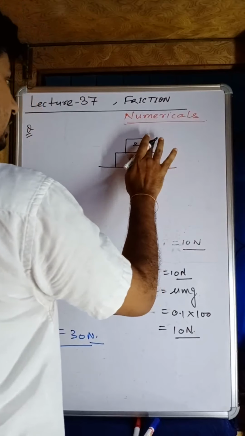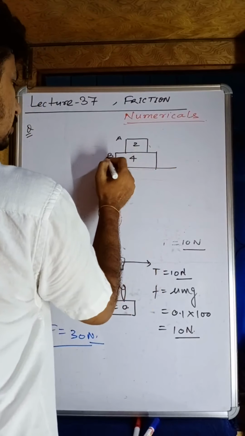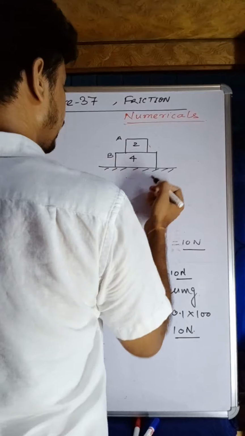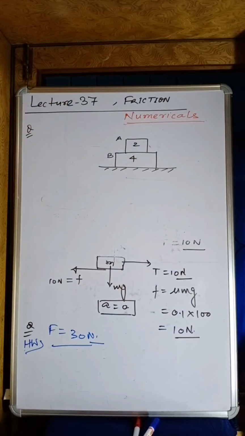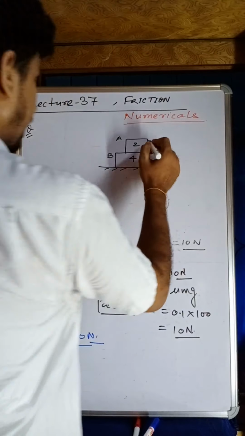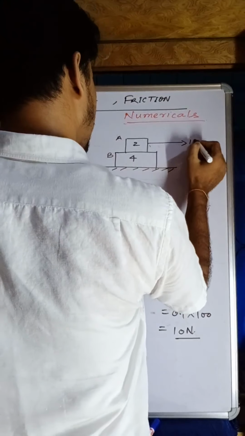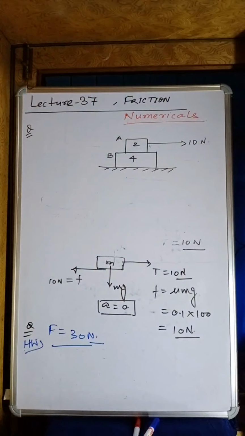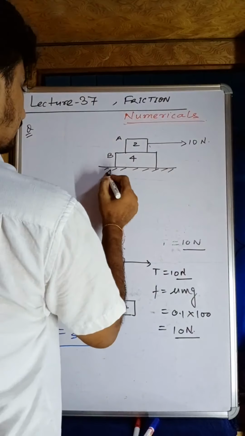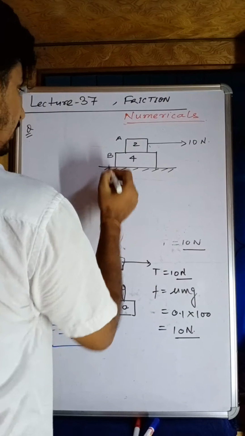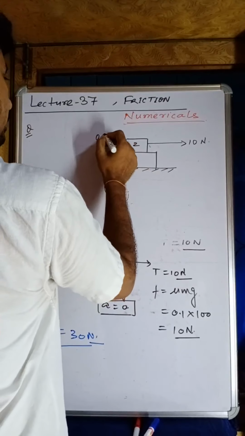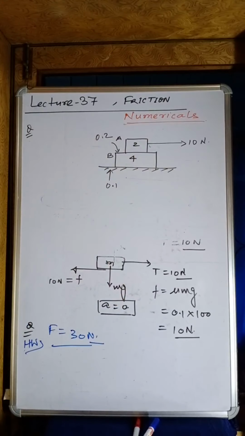Suppose A and B, two blocks are kept over the surface. The conditions are given. Here a force of 10 Newton is applied on A. The coefficient of friction for this surface is 0.1 and for this surface it is 0.2. That is, 0.2 between the 2 kg and 4 kg blocks, and 0.1 between the surface and the 4 kg block.